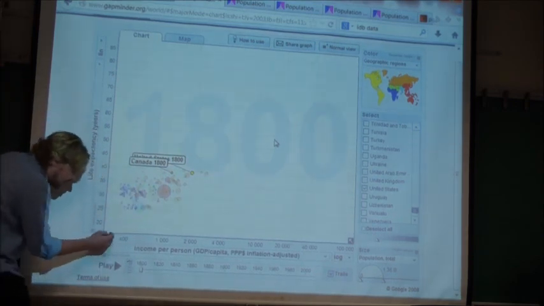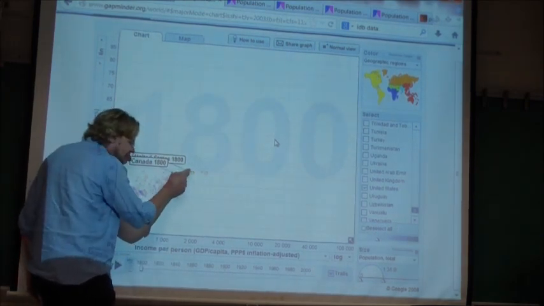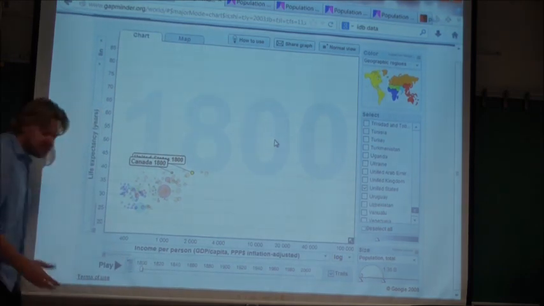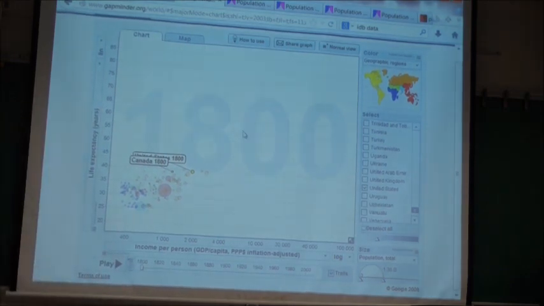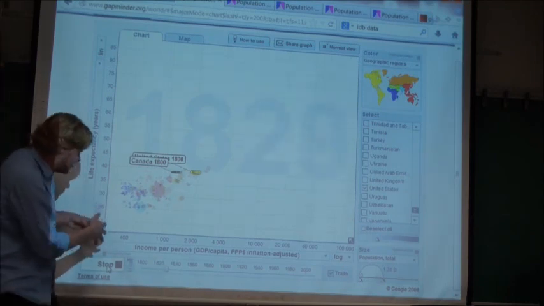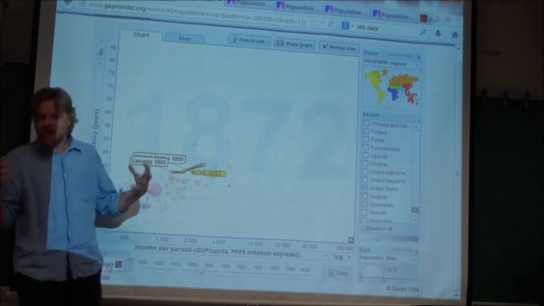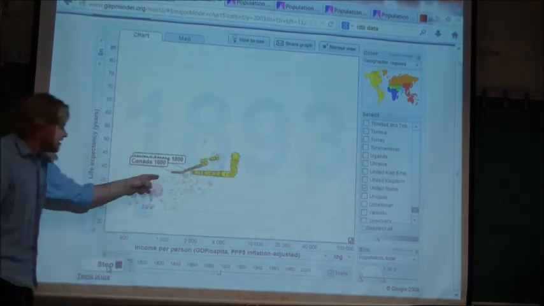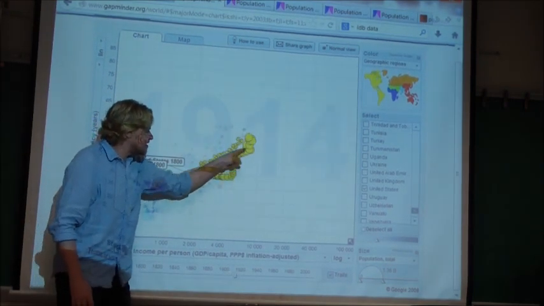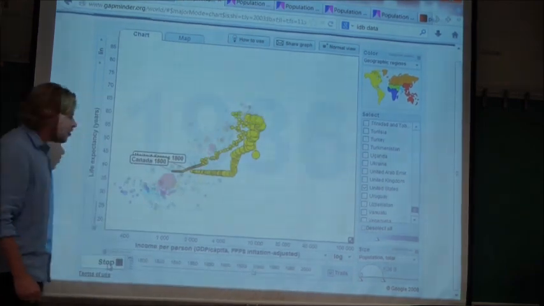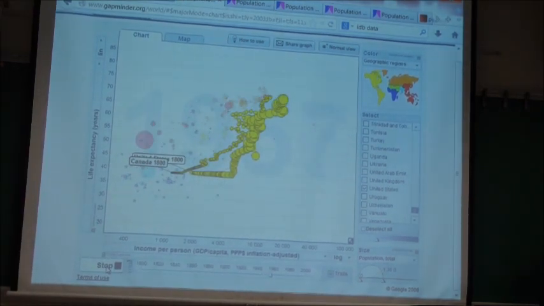And so what we're going to do is go through time. I went ahead and highlighted Canada and United States, and let's see if we can find anything happening here. So we play it, and we're transitioning through time. The world's transitioning, another way to maybe visualize the demographic transition model. There's Canada, and then there's the United States. You can see the United States growing quite quickly during the mid-1900s.